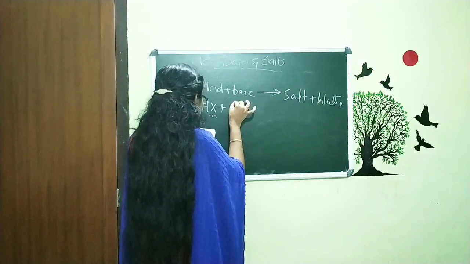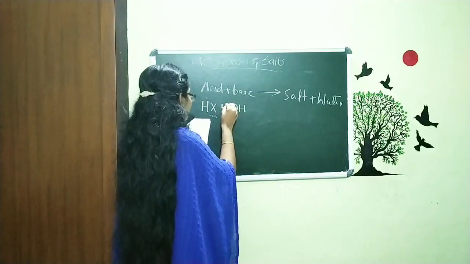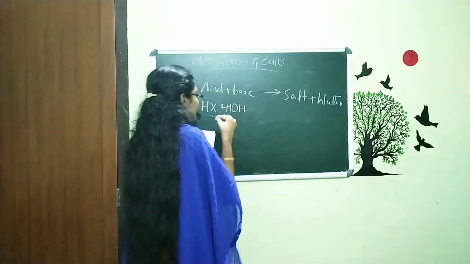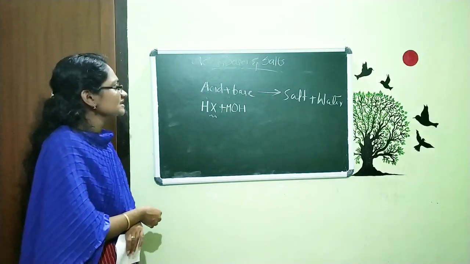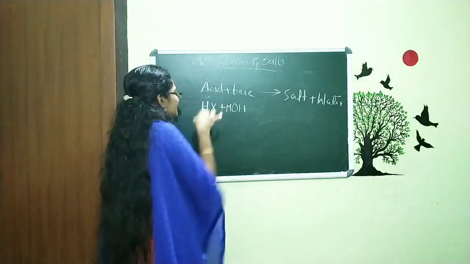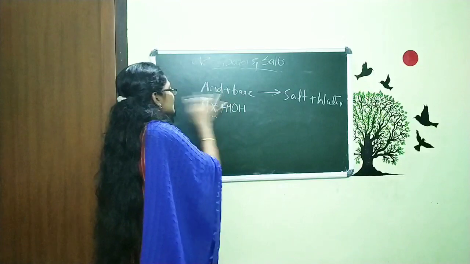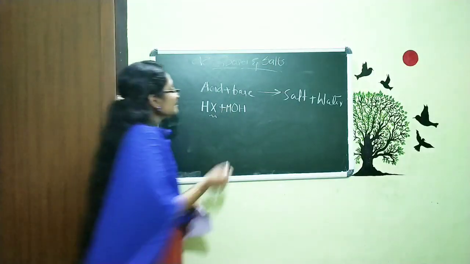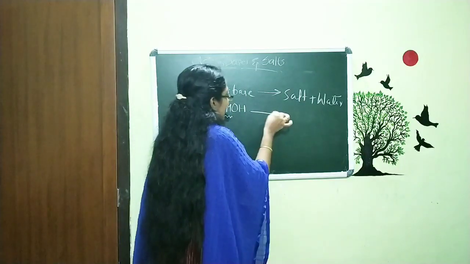It is having OH minus. And I am writing one variable here, and that is M. MOH means a particular base, and this HX means acid. So this H has plus sign and this OH has minus sign, and we are not representing that in this equation.